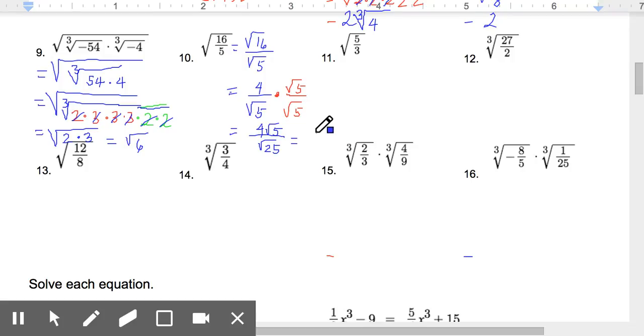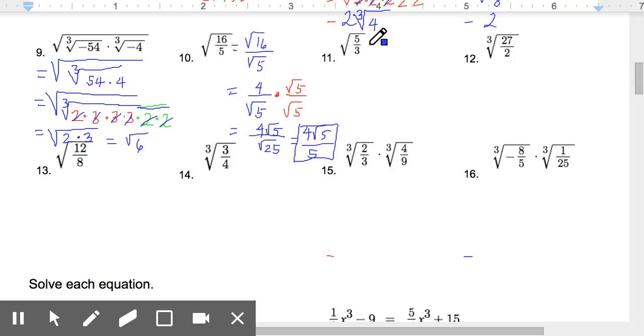So this becomes 4 square root of 5 over the square root of 25, which is 5. So no more radical at the bottom. It's okay to have a radical on the top, but not at the denominator. So now this is the same as this, but we don't have a radical at the bottom.